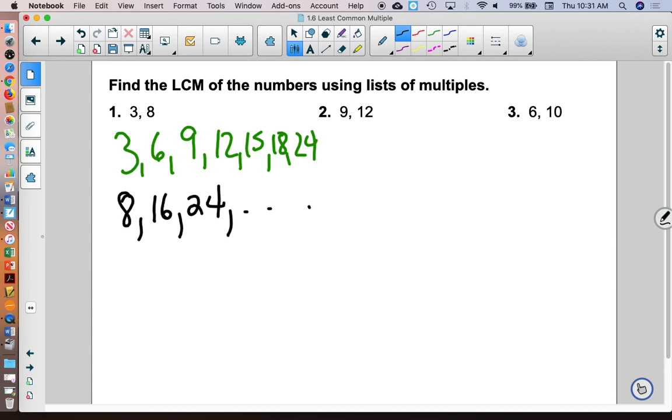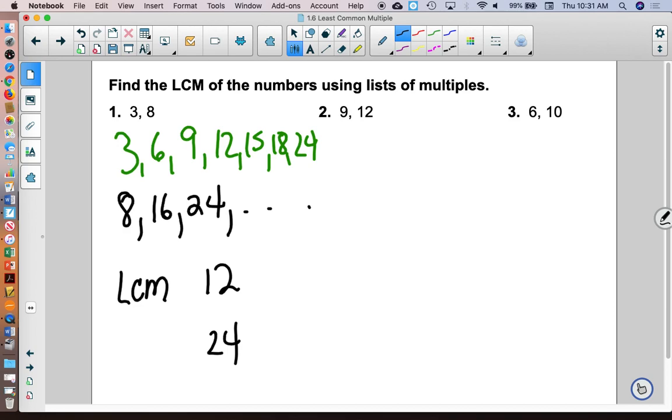When I walked around, I saw some kiddos that said the LCM was 12, and I saw others that said it was 24. It can't be 12, can it? Listen, I like having fun, but you've got to be focused. If you get the LCM of 3 and 8 being 12, that's saying that 3 times something gives me 12, and 8 times something gives me 12.